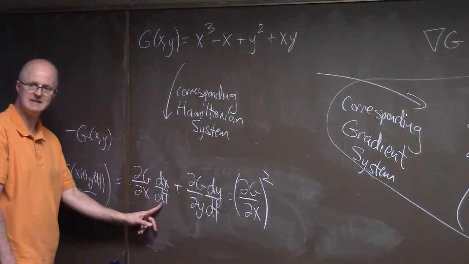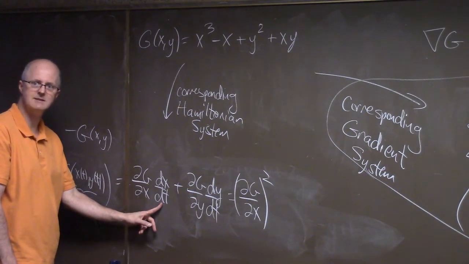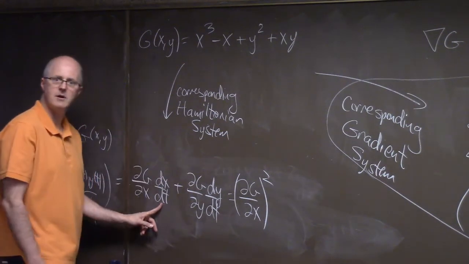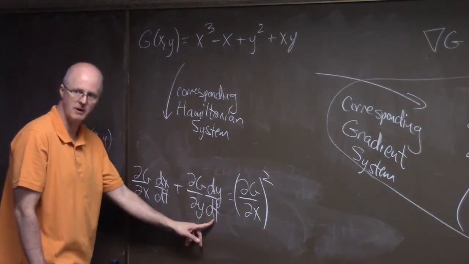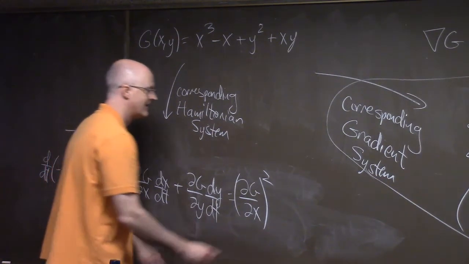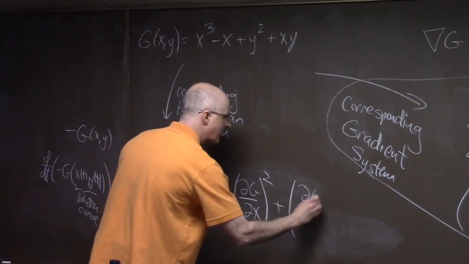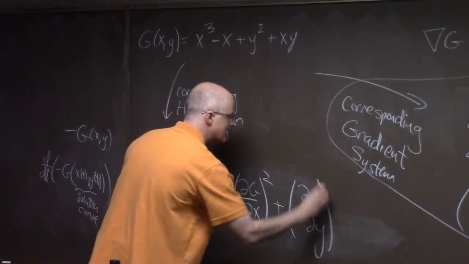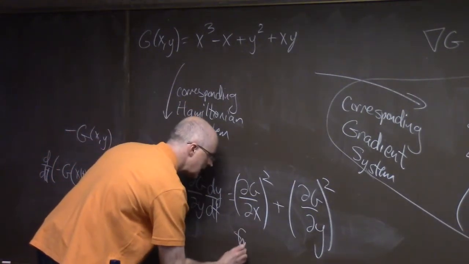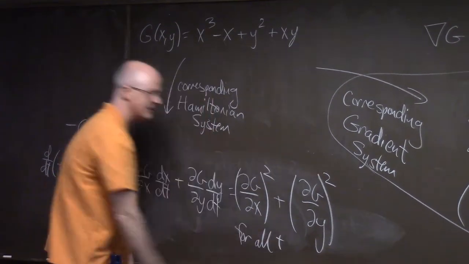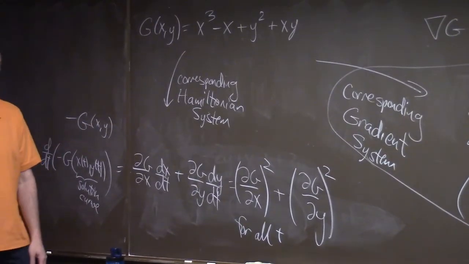Right? dx/dt is the partial of g with respect to x, by the form, plus the partial of g with respect to y times the partial of g with respect to y. There's t's in the background that I'm not writing. The point is this is true for all t, even though you don't see a t explicitly in there.